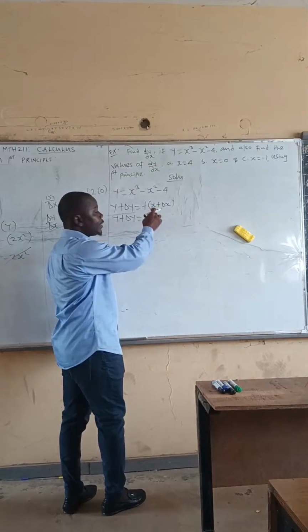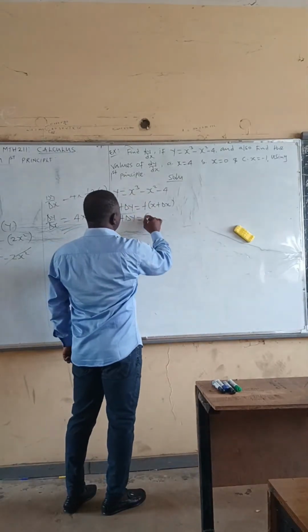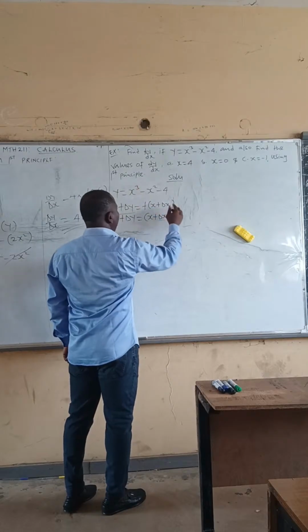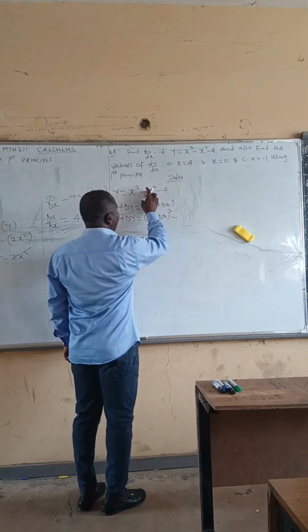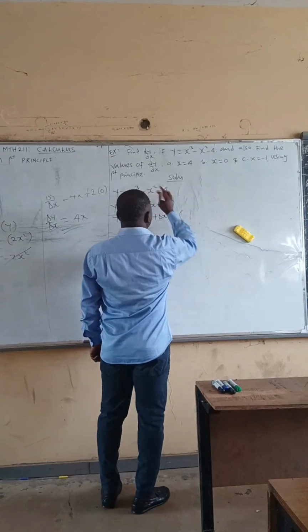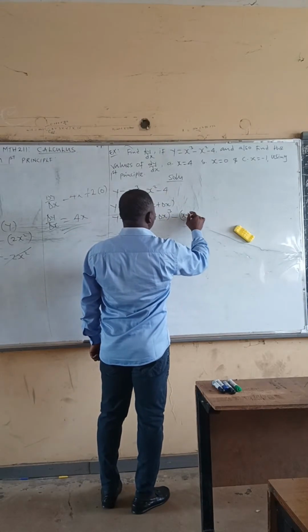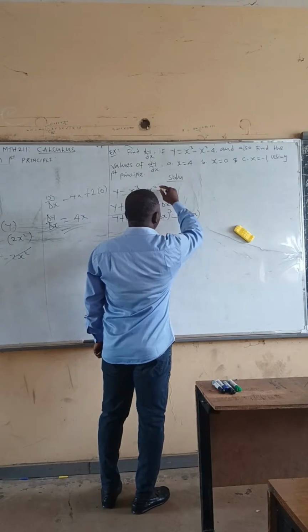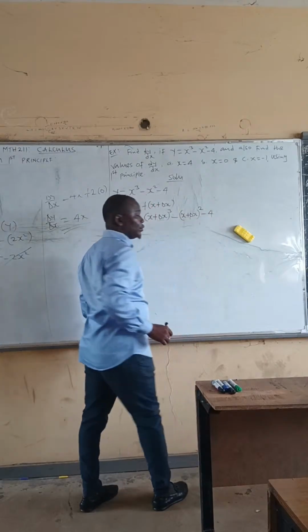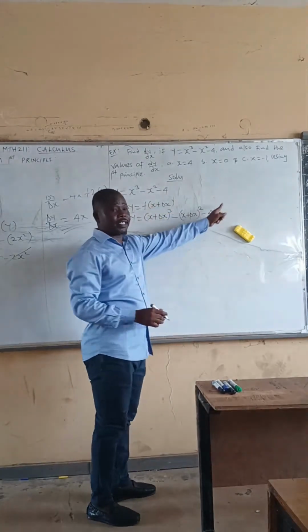But x here is cubed, right? So x plus dx raised to power 3, then minus what is here? 1, not necessary, but x is squared. So x plus dx raised to power 2, then minus 4.